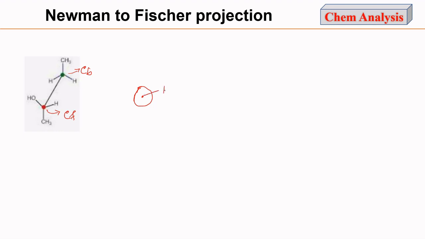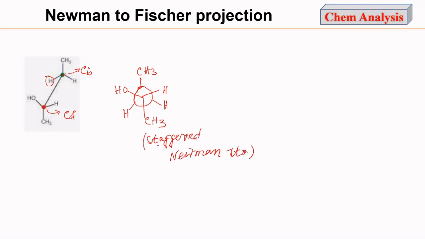And in the front carbon, if we see the compound from this front carbon to back carbon, then we can see that on the right side there is a hydrogen atom, on the left side there is an OH group, and below the plane there is methyl. And on the back carbon we will see that methyl is on the top, that is above the plane, a hydrogen atom is on the right side, and this hydrogen atom is on the left side. Now we have to convert this staggered conformation. This is the staggered Newman structure.